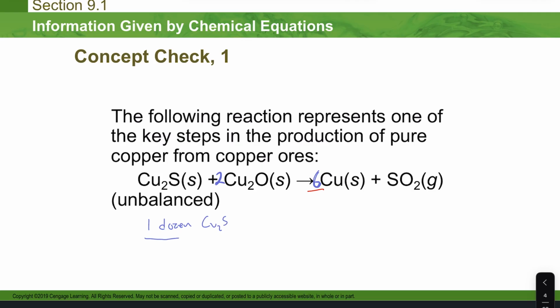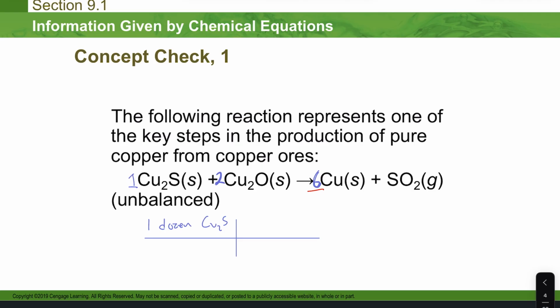And so what we're going to do is we need to find out the number of copper atoms we have, or the number of dozens of copper atoms we have. For every 1 dozen, because there's an invisible 1 right there, there's going to be 6 dozen copper atoms that we get out the other side.